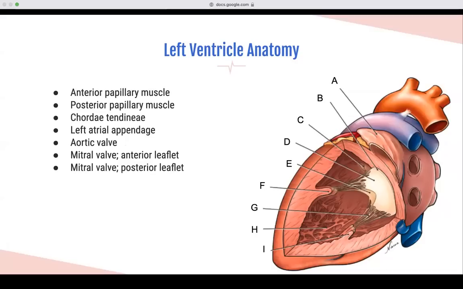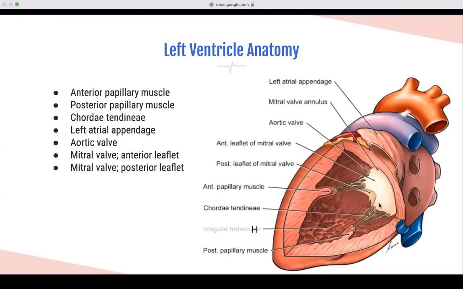And each of the right and left cusps has an opening for the right and left coronary arteries. Exactly. That's something you need to know. And they're right, left, and posterior. Then for the mitral valve, you have the anterior leaflet and the posterior leaflet. I think this is pretty obvious. This is the anterior and this is the posterior.